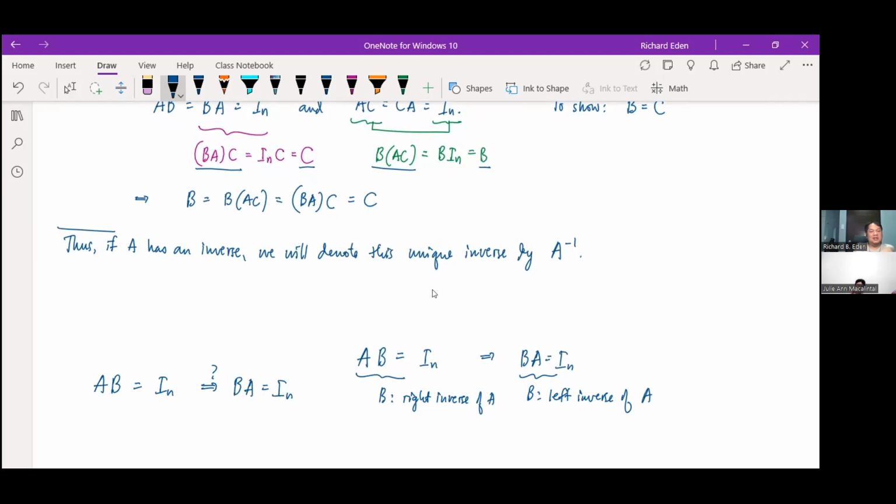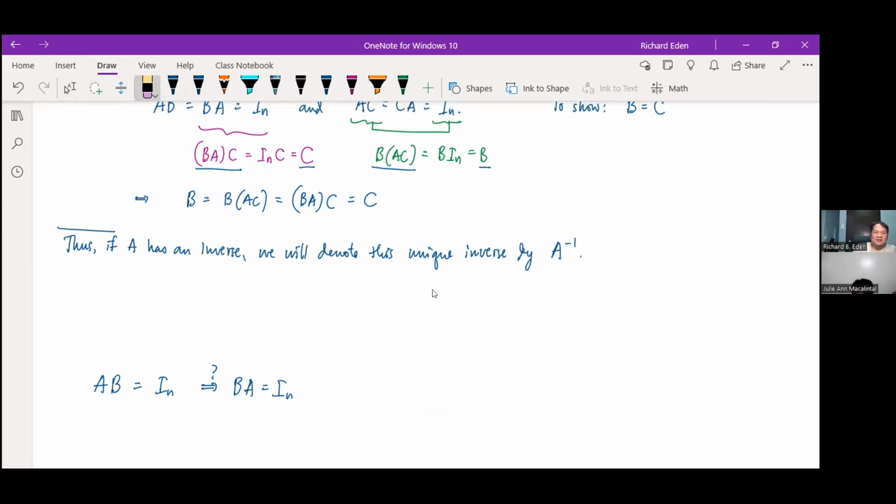Kasi kung BA will automatically always be I sub n, then it must be possible to prove it. Likely it is possible to prove it. Here is a theorem, something close to it.